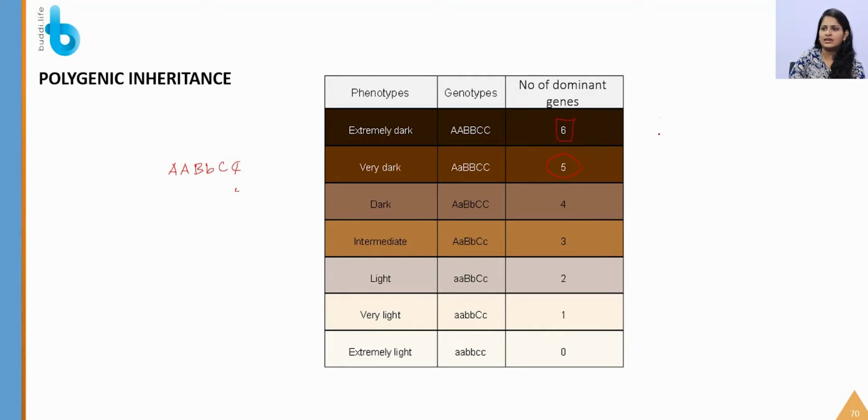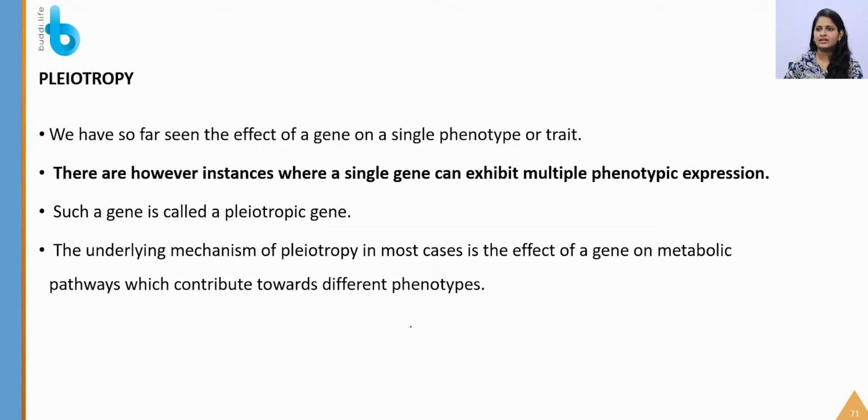So you can see that as the number of dominant genes decreases, the power of the character also decreases. That is what we call polygenic inheritance. So you can see dark with 4 dominant genes, an intermediate person with 3 dominant genes, then a light person with 2 dominant genes, a very light person with 1 dominant gene, and an extremely light person having all the genes recessive. So next is pleiotropy.